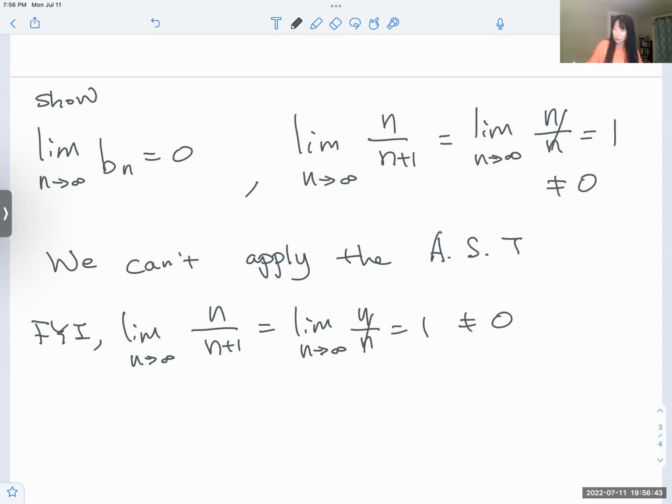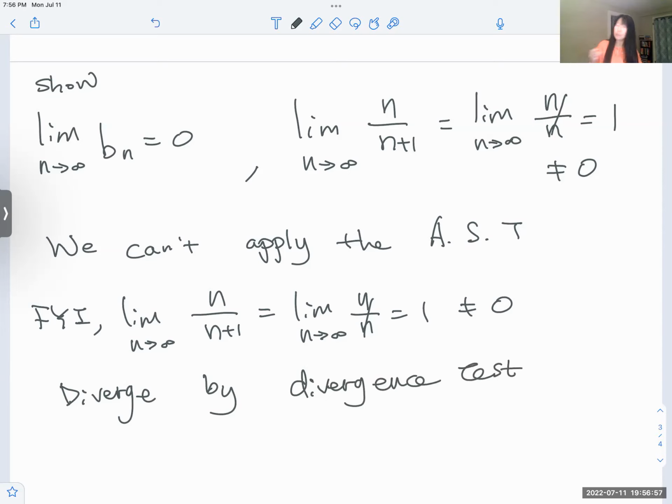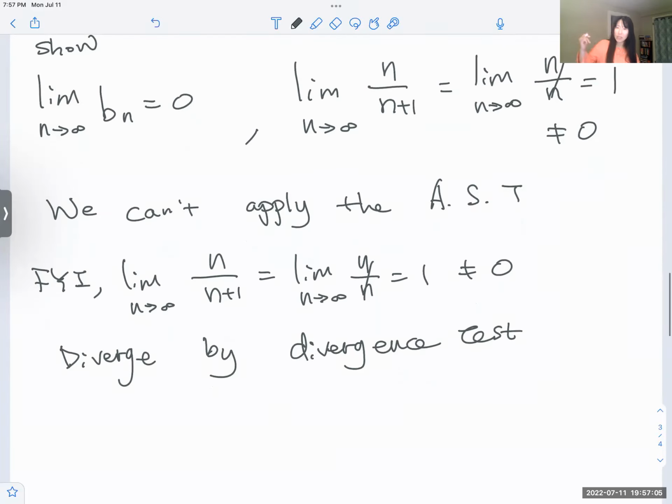So it's not equal to 0, so it diverges by the divergence test, since the limit is not equal to 0, right? Divergence test. Okay, check it out. All right, so we had that.